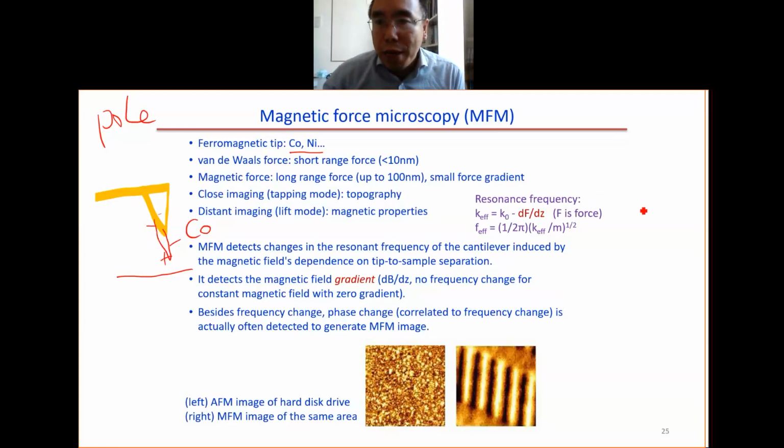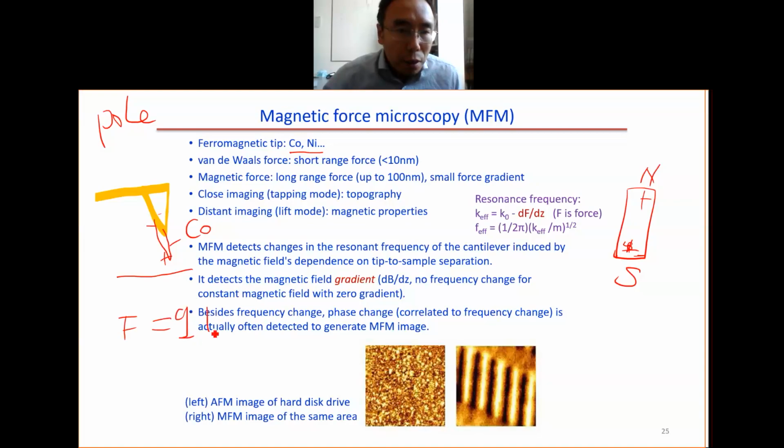For the magnet, we have the north and the south. Sorry, this should be negative here. We have this north pole here. Then the force will be given by the magnetic charge. Actually we do not have a single pole for the magnetic, but here we can assume we have this magnetic charge.